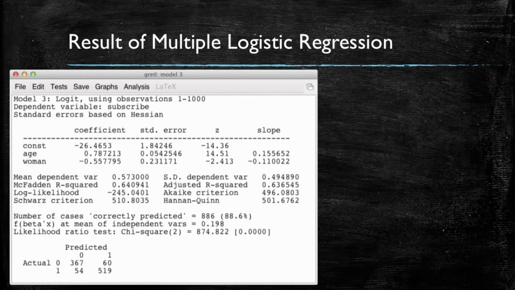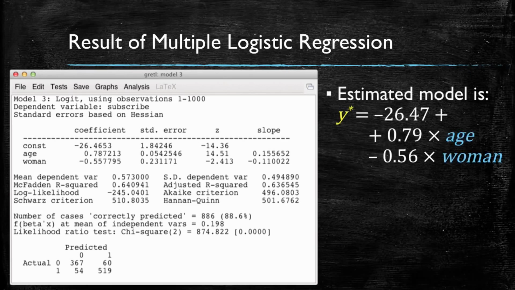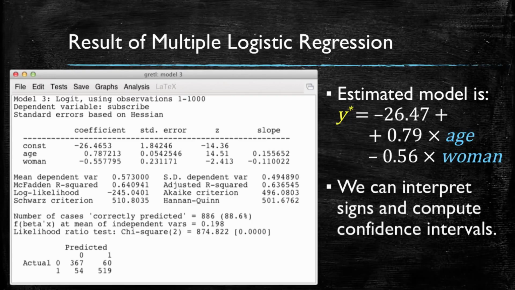We run it in a statistical package such as Gretl, and we find that our estimated model has the following form. We have an intercept of minus 26.47. The slope for age is a positive 0.79, and the slope for women is a negative 0.56. So as we did before, we can interpret the signs of the coefficients and compute confidence intervals.